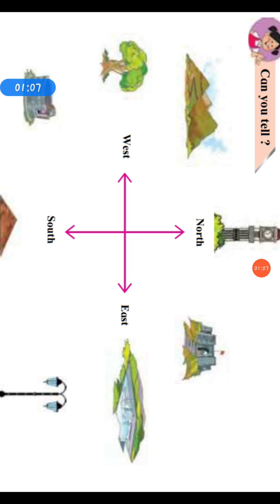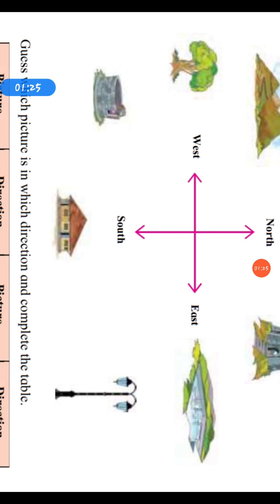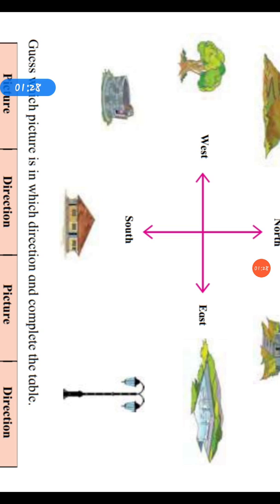At the east there is a picture of a heart, and in the west a picture of a tree. At the north side there is a picture of a clock, and in the south side a picture of a house. So students, if you are standing at some point and facing towards the sunrise, that direction is called east, and the exactly opposite direction from where you are standing is called west.